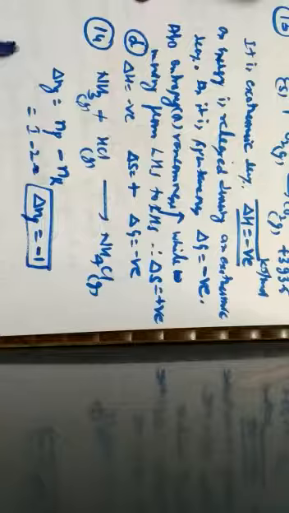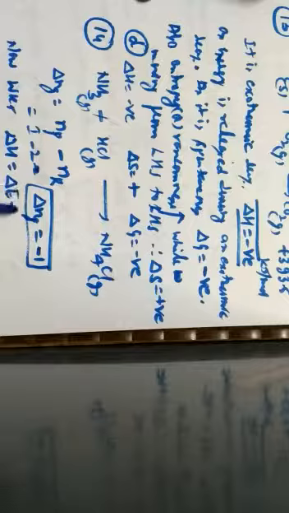By this, we know the relationship delta H is equal to delta E plus delta N into RT. But here delta N is minus 1. Hence, I can rewrite the equation as delta H is equal to delta E minus RT. By this, I can rewrite it as delta E is equal to delta H plus RT.